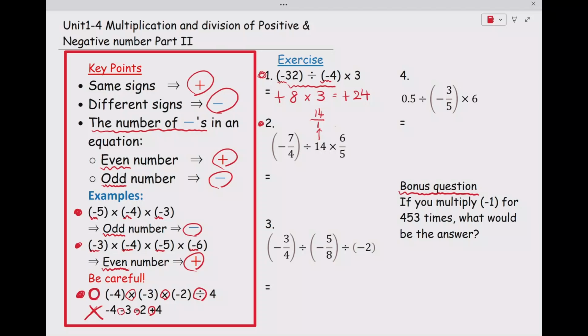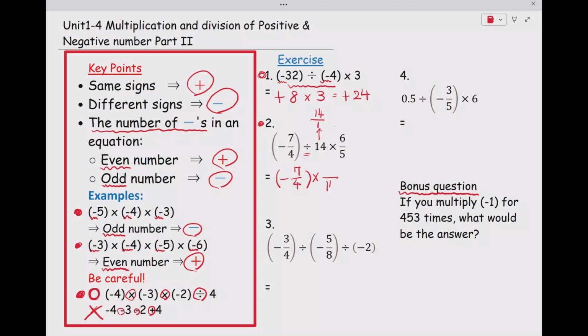Then, in step 2, convert all the divisions to multiplications. Here, the division part is the divided by 14 over 1. When dividing something by a fraction, in order to convert a division to multiplication, you need to swap the numerator and denominator of the fraction following the division sign.